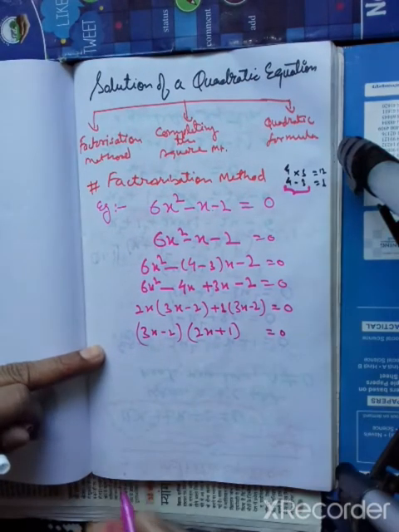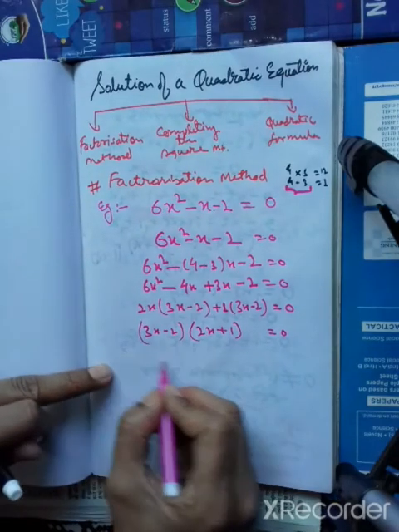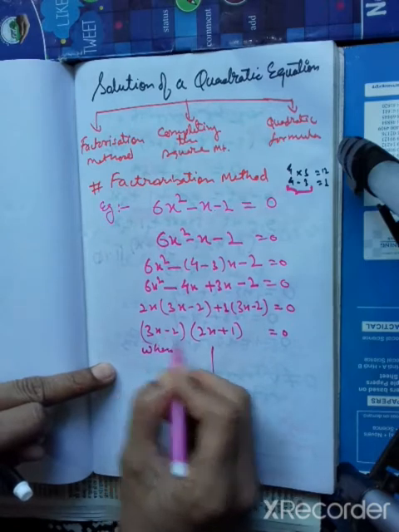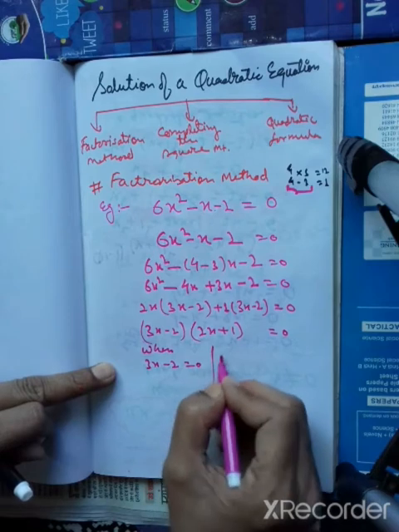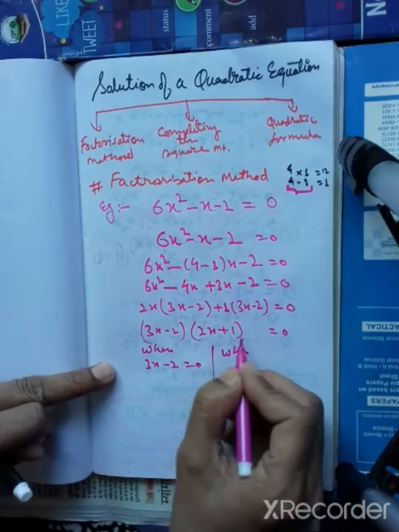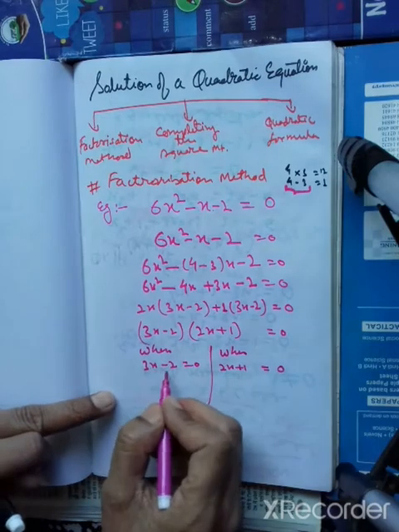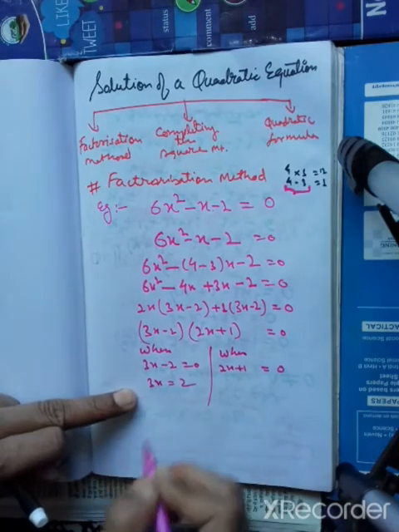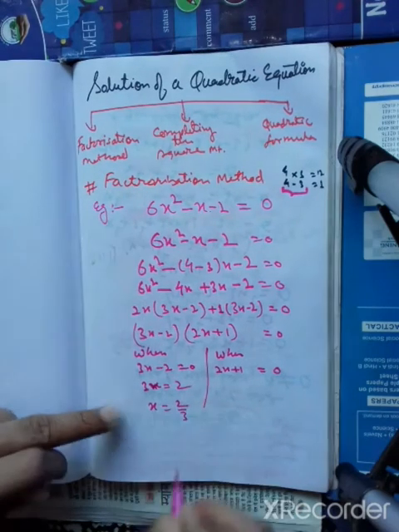Now how to find the roots or the solution? So you'll take two parts. When 3x minus 2 equals to 0, and when 2x plus 1 equals to 0. When 3x minus 2 equals to 0, 3x equals to 2, so x will be 2 by 3.